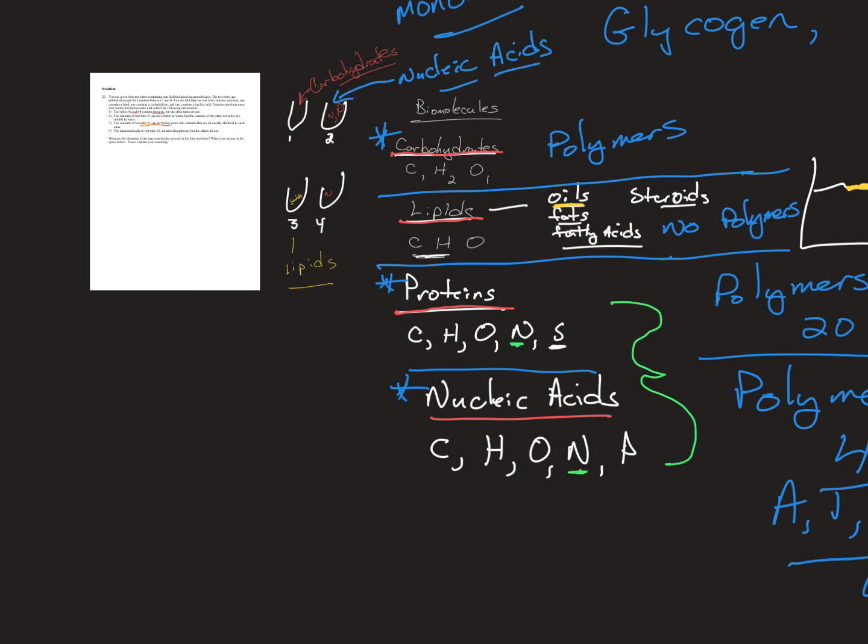Test tube 4 only has nitrogen, so it would have to be proteins. If it was a nucleic acid, it would definitely have phosphate. All right, and that's why these 4 answers are the way they are.